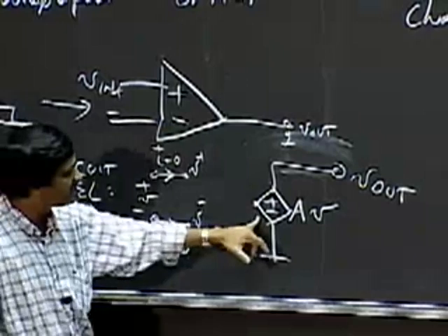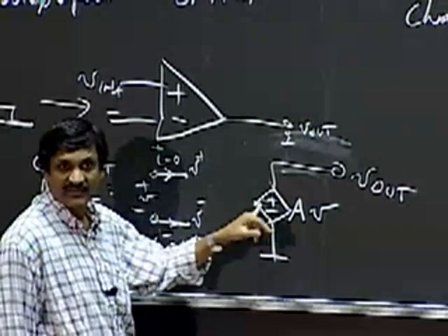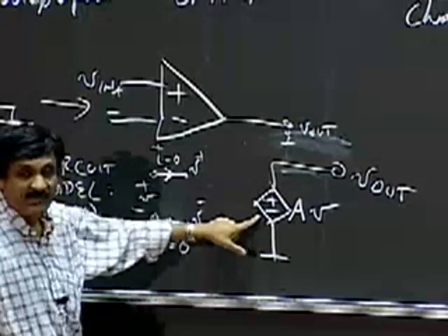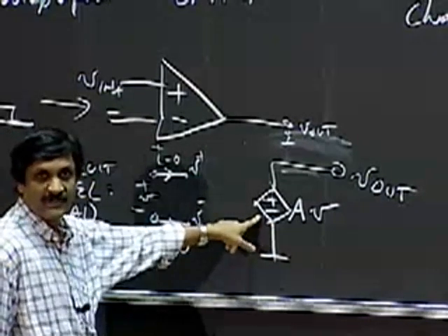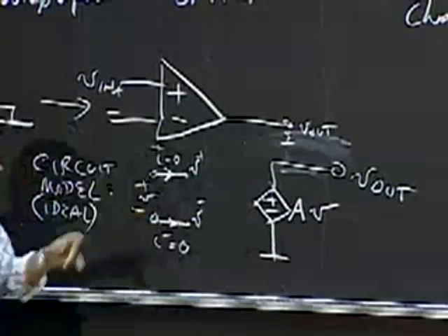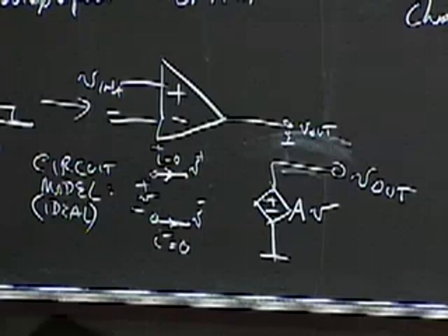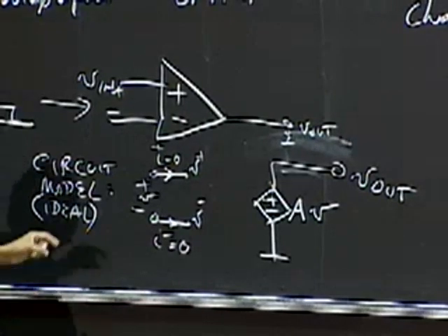And the dependent source here is a voltage-controlled voltage source such that the output voltage is A times the voltage V across its input. Okay, so this is actually very simple.